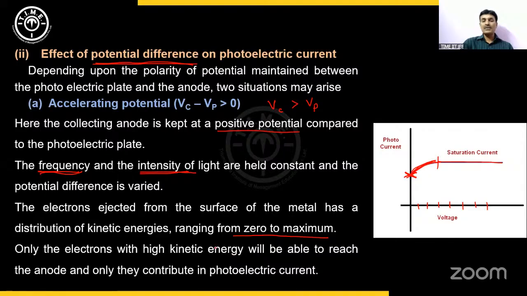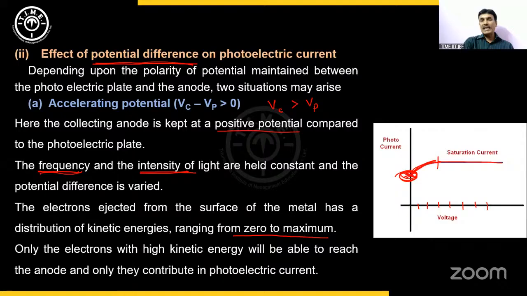So that's why there is no further increase in current. Only the electrons with high kinetic energy will be able to reach the anode, and that contributes to the current here. Upon increasing the potential, the remaining electrons, the electrons with low kinetic energy or even zero kinetic energy, are accelerated towards the anode, constituting photoelectric current.